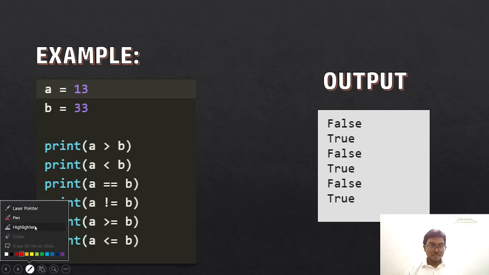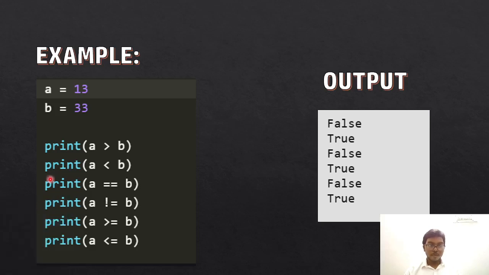Also, we can check print A less than B. That means 13 is less than 33, so that's true. Similarly, if A equal to B, no, that's false. And A not equal to B, that's true.